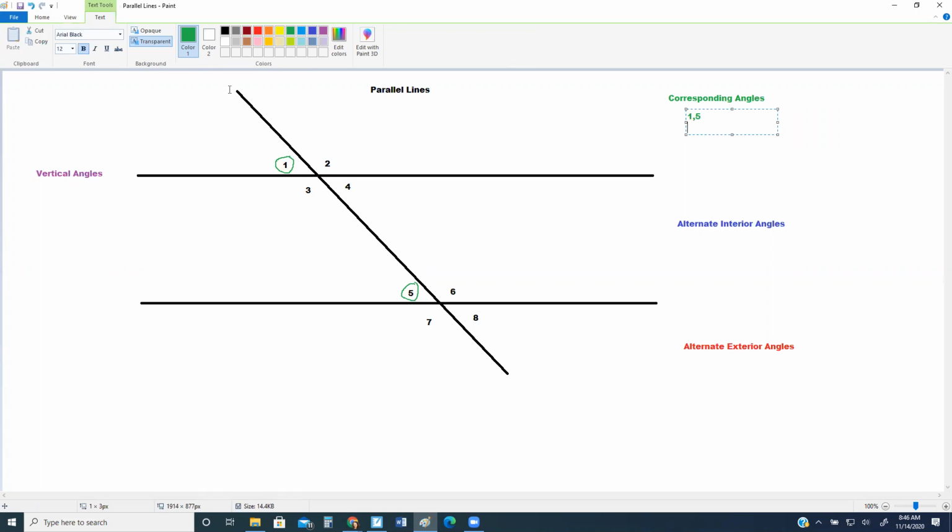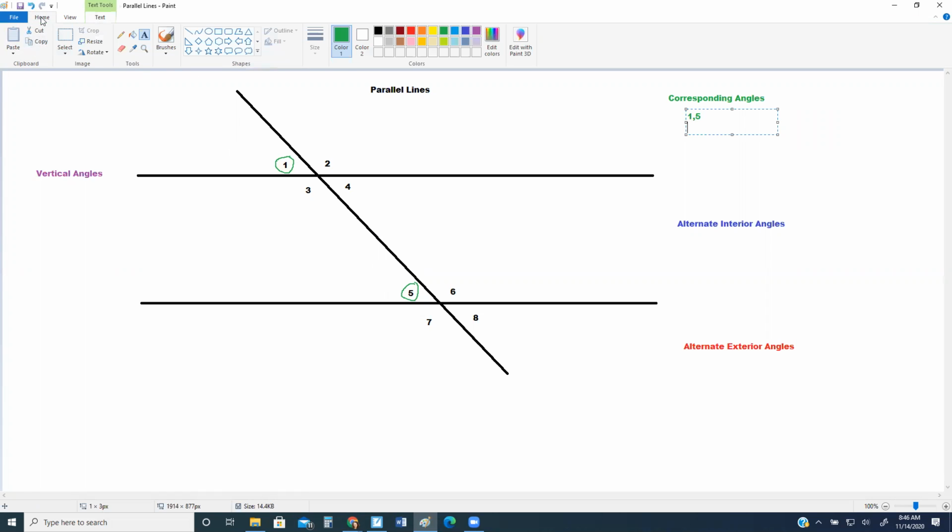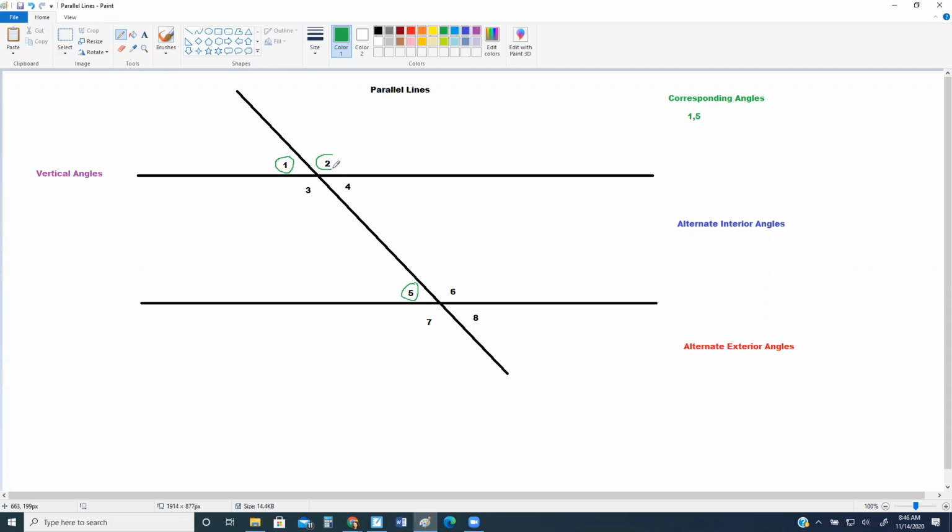They are congruent. Another set of corresponding angles is 2 and 6. If you move this down again, you'll see that 2 is right on top of 6. So those 2 are the corresponding angles.